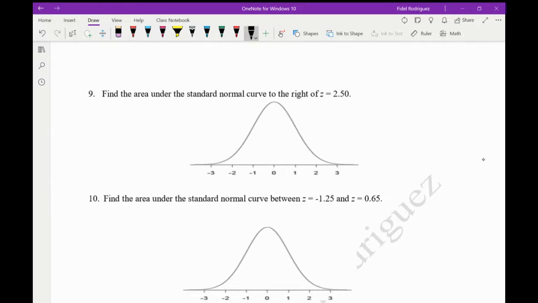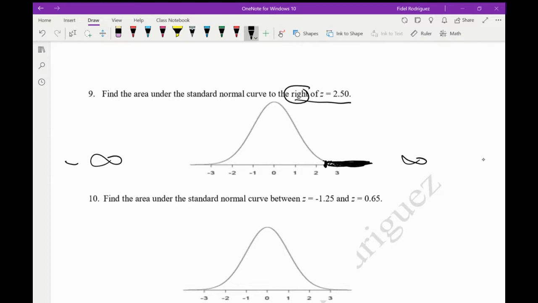So let's see. We want to find the area under the curve to the right of 2.50. Okay, so here's 2.5. And we're looking for the area to the right. So I'm looking for this area right here. My guess is this number is going to be pretty small because remember the area under the whole thing is 1 and I'm only finding the area this way. Remember, if I keep going all the way to the right, this is infinity.